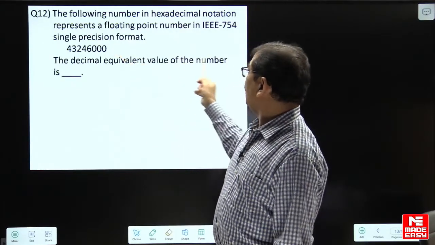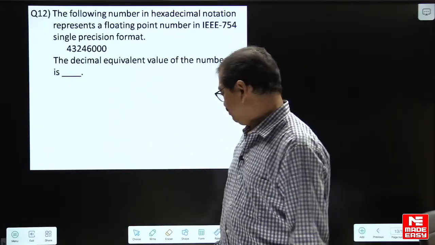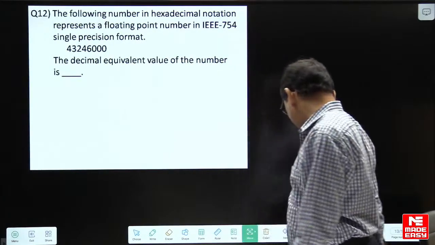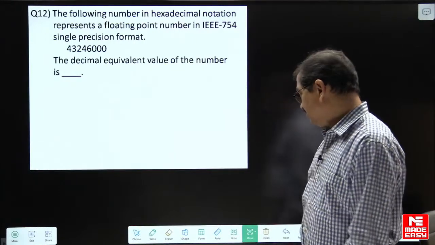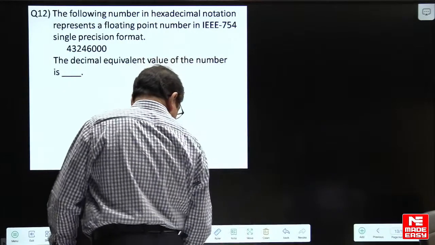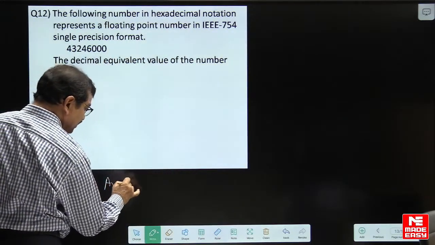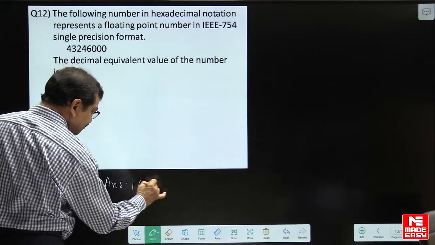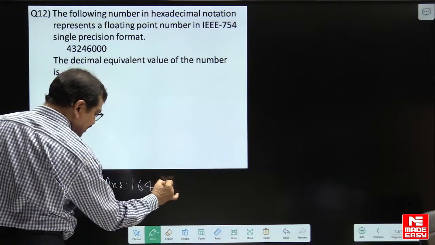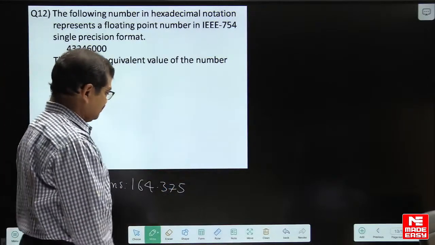The decimal equivalent value of this number is the question. Hopefully you can do it. If you try well, the answer to this question will be 164.375. You should get this answer, right?